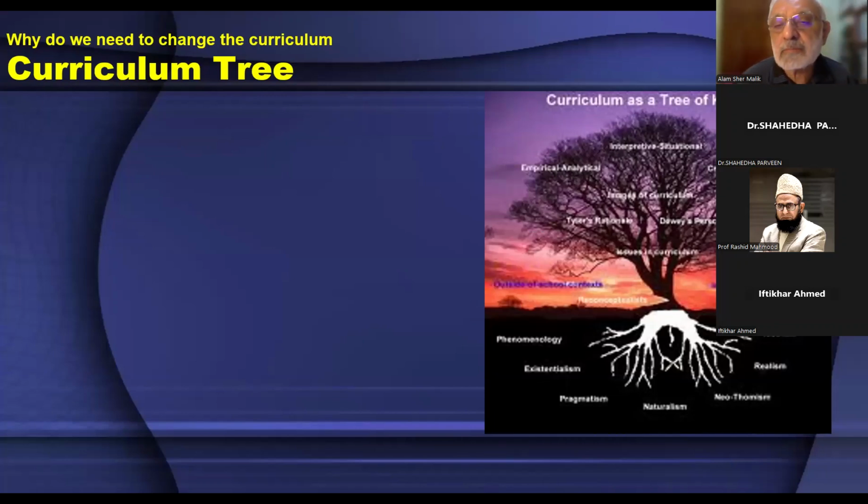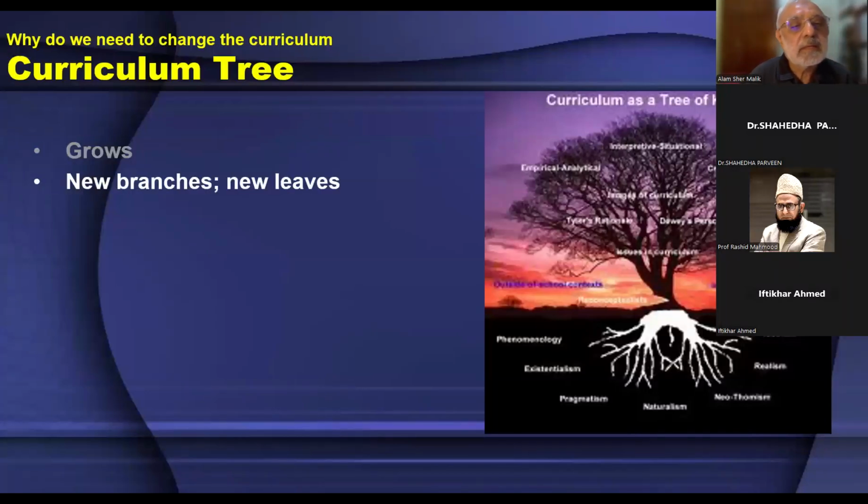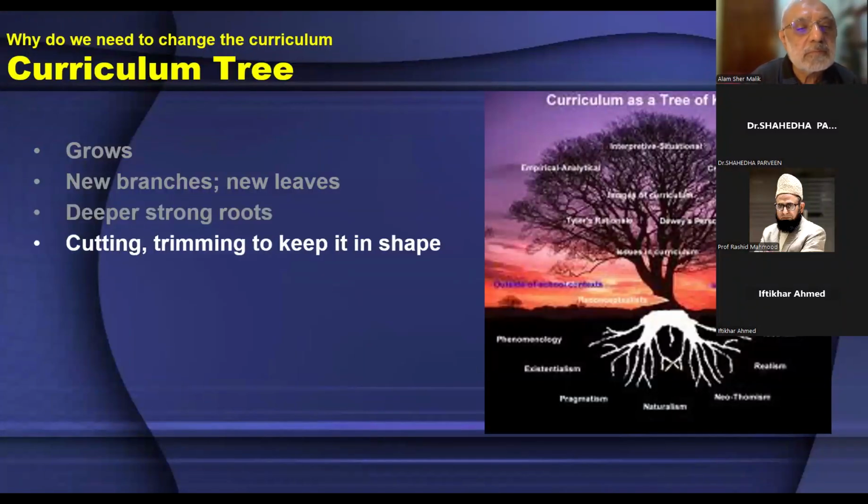The curriculum is a live document, and a curriculum tree can explain it in a better way. Like a tree, the curriculum grows and new branches, new leaves appear. The roots become deeper and stronger, but we sometimes need cutting and trimming to keep it in shape.